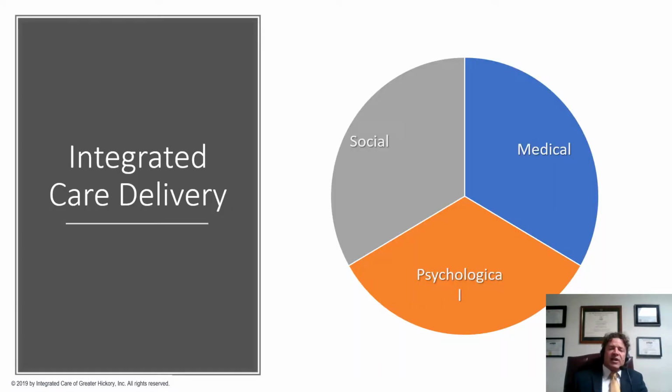So we look at the integrated delivery model, and we know this model has been around for quite some time. It is a biopsychosocial model. You can take any disease such as diabetes, and you know you need the medical component, you need proper testing, you need a proper medication, and you want to be monitoring and following those laboratory results.